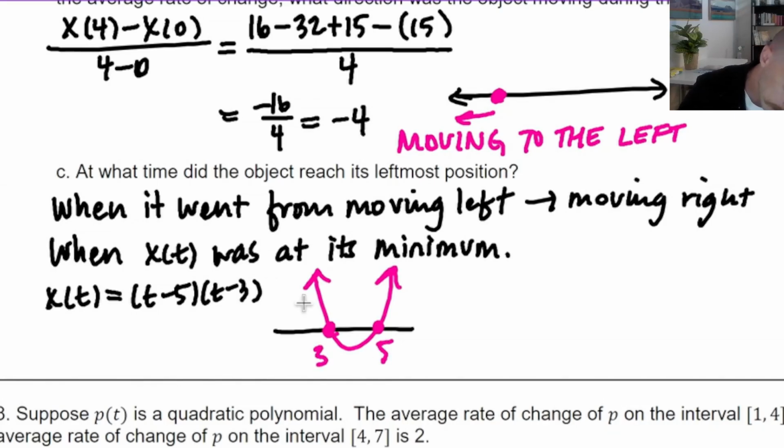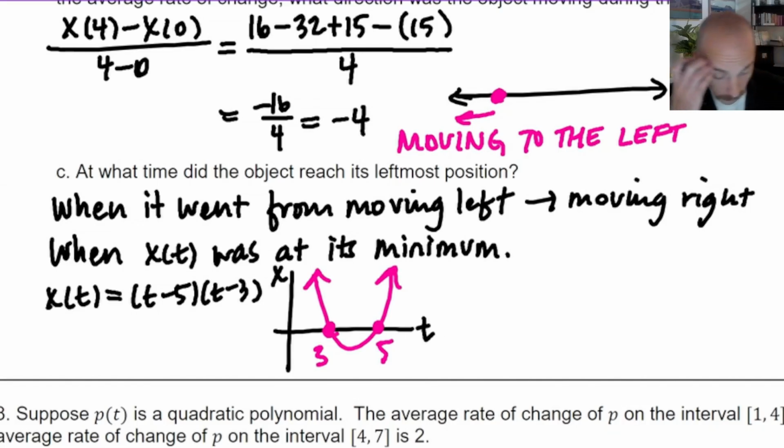And so the time when x is at its lowest point is going to be right there halfway between the zeros. That's going to be at t equals 4. You could also have done negative b over 2a. This problem is really an extension, so if you weren't really feeling that, don't worry about it.